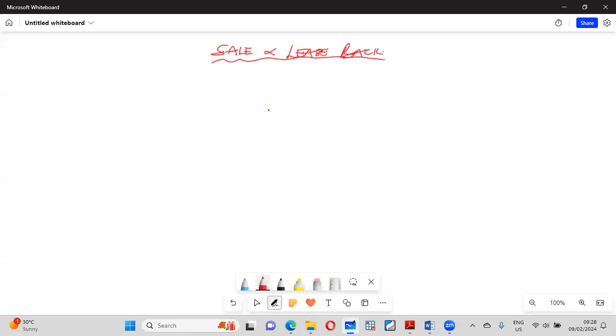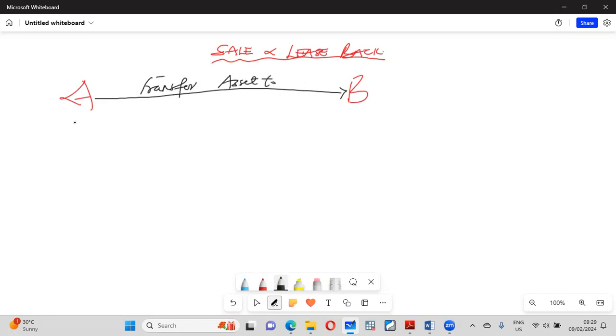Now, in the sale and lease back, what do you see? You have, let's say, party A and party B. Party A transfers the asset to party B, which means that in this case, party A is a seller and party B is a buyer.